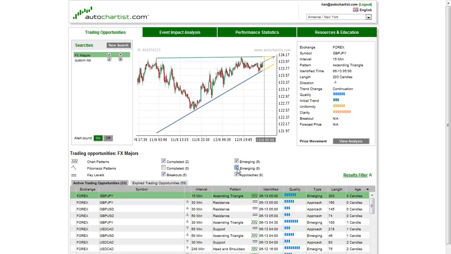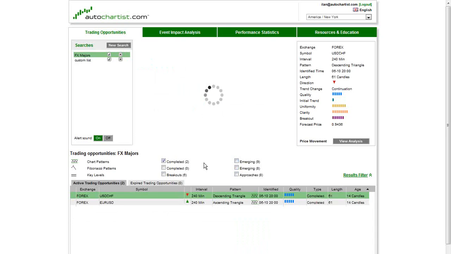Both of these are actually tradable right now, and the term that we provide in Autochartist for that is relevance. Really what we're saying is that we believe that these opportunities are still relevant in the marketplace right now and can be traded.